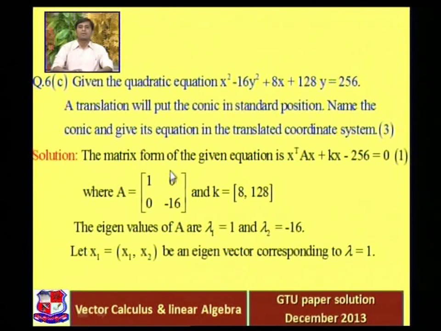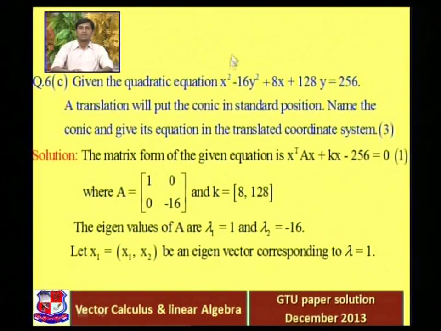The matrix form of the given equation is x transpose Ax plus Kx minus 256 equal to 0. Call it the first equation, where A is equal to [1 0; 0 -16] and K is equal to [8 128].